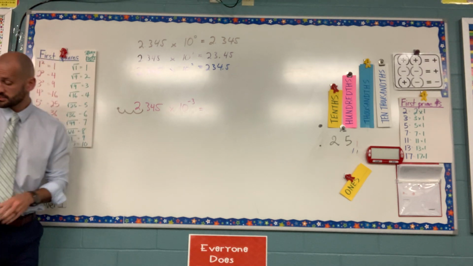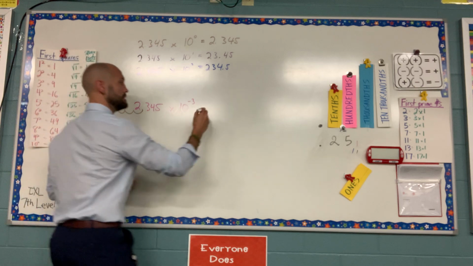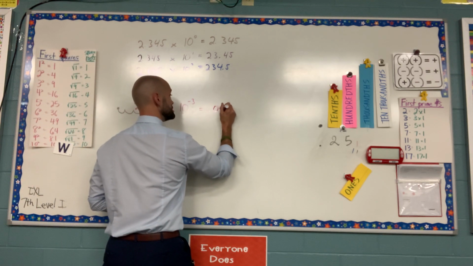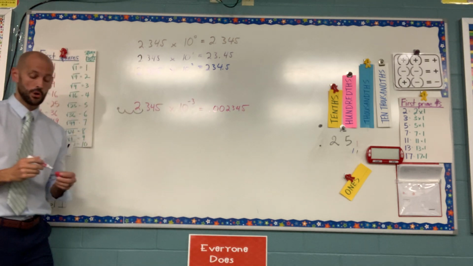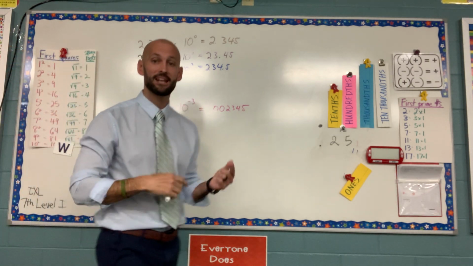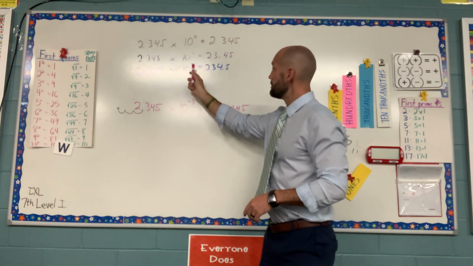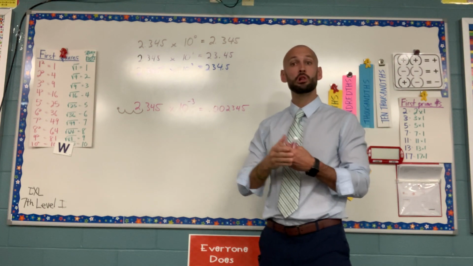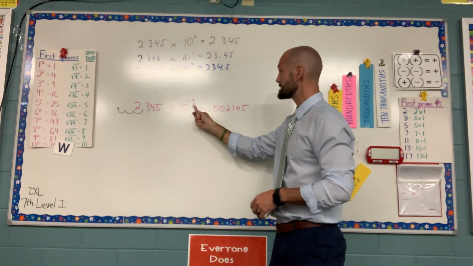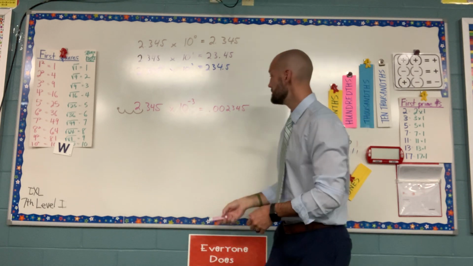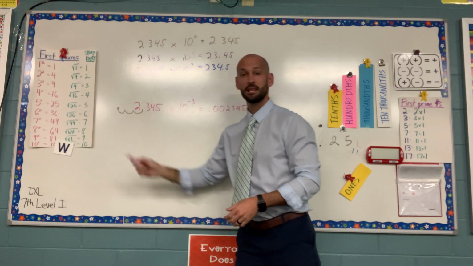So my final answer here would be 0.002345. Notice the difference between our positive and our negative exponents. Positive exponents make the number larger, meaning your decimal will go to the right. Negative exponents make it smaller, meaning the decimal will go to the left.